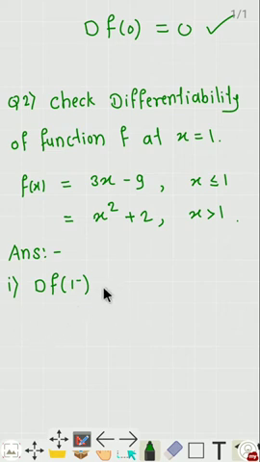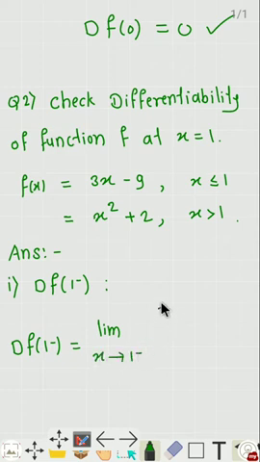So what is the formula for derivative of function f at 1 minus, and this is left hand derivative of function f at x is equal to 1: limit x tends to 1 minus, f of x minus f of 1 whole divided by x minus 1.